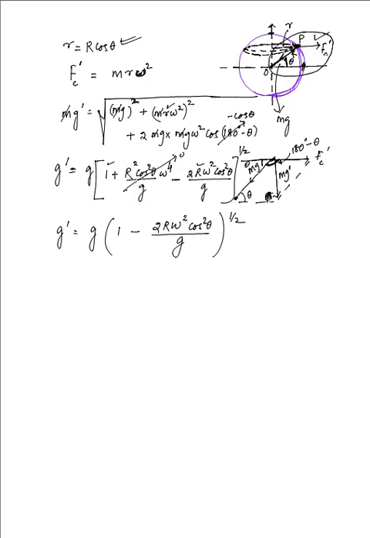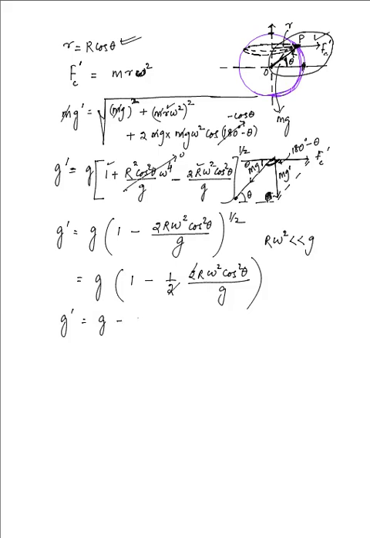Now R omega squared is much less than g, so what we get is simply the binomial expansion of it, that is 1 minus half times 2R omega squared cos squared theta divided by g, and the 2's get cancelled out. We have g dash equal to g minus R omega squared cos squared theta. The g gets multiplied inside and cancels out with the g in the denominator as well.